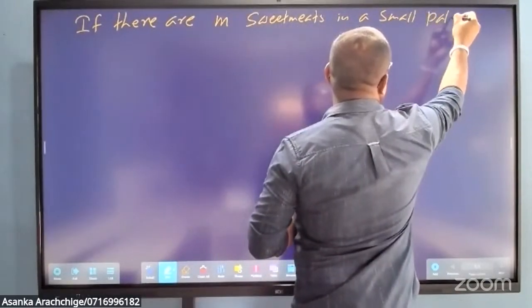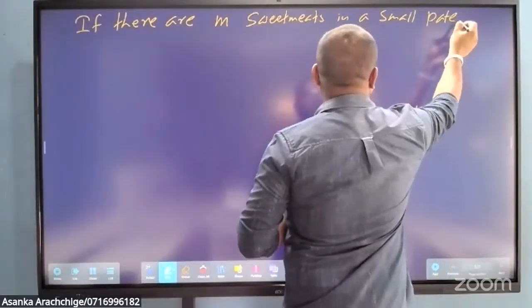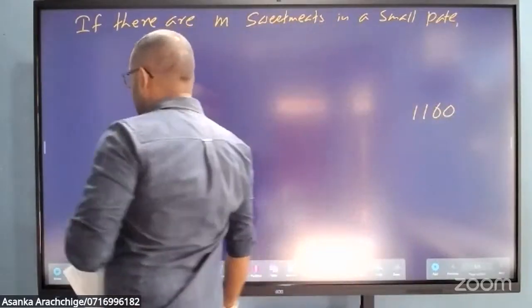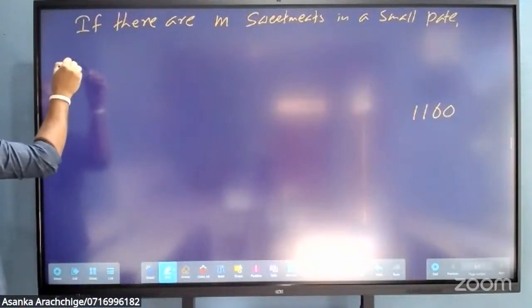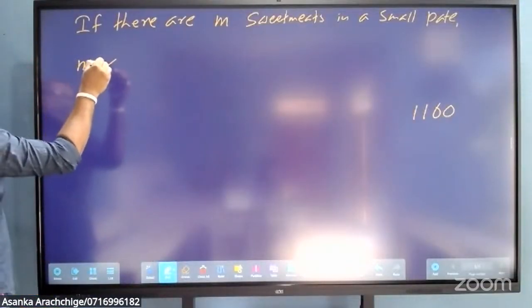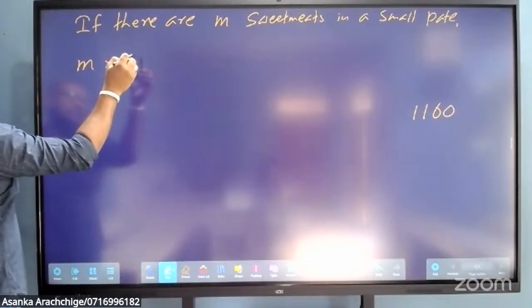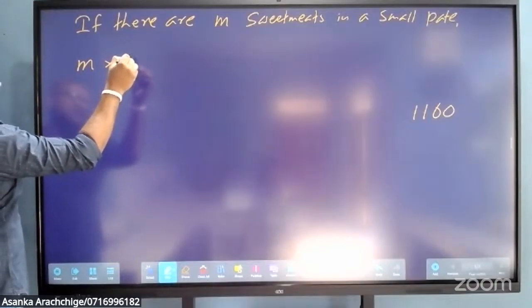So m should be multiplied by the number of small plates.